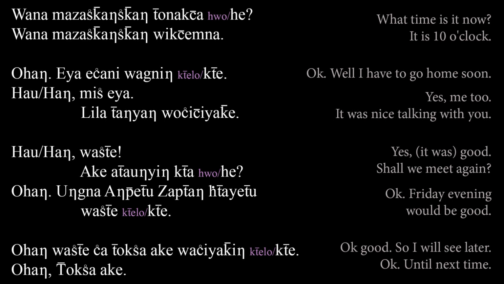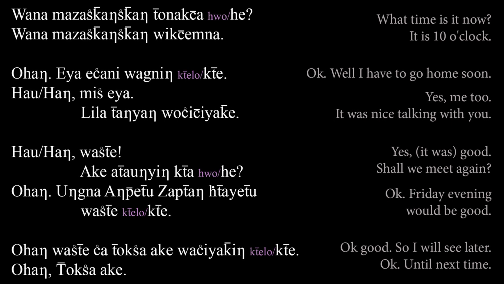And I just want to say one more thing about toksha ake, okay? You look at the seventh sentence where it says ohan washte cha toksha ake wachia kinkte. Now a lot of times people could just say ake wachia kinkte, because that means I will see you again. Ake means again, and wachia kinkte means I will see you.